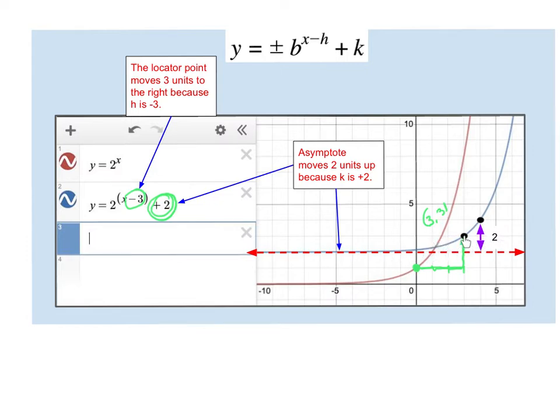It only happens in one place, so I can find the point that way. Since this is a whole number, like 2, I go 1 unit to the right, and then up 2 units from the asymptote because that's a 2 there.